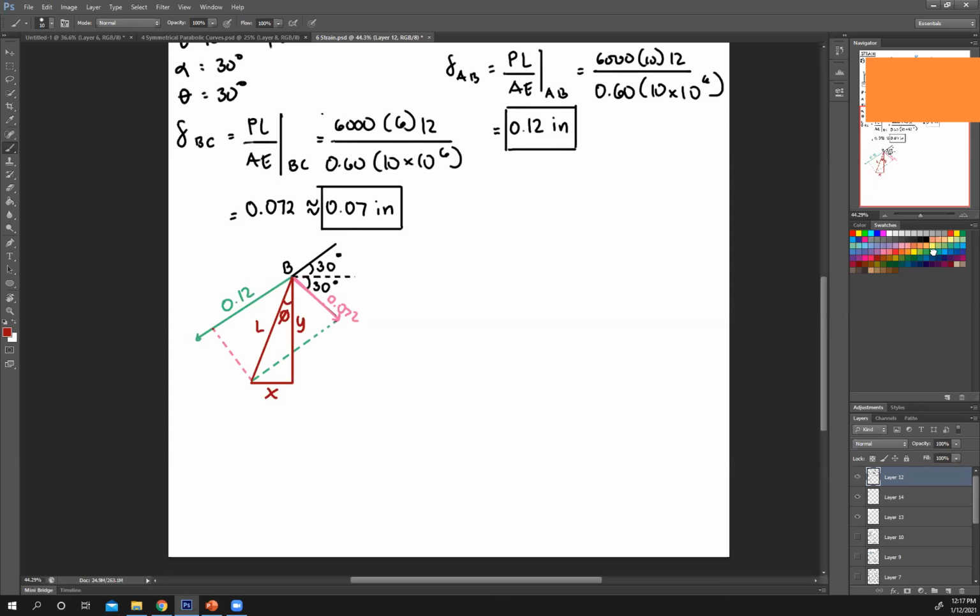So let's see. If you've noticed, this is a right triangle, and this is also a right triangle. Using those two parts, I can create certain equations. So let's draw those right triangles, just so that you can see them more clearly.